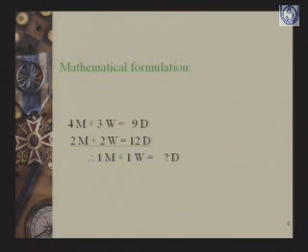Friends, now men have been translated to M, W represents women, D represents day, and plus represents 'and'. So whatever was given earlier: 4 men and 3 women finish a task in 8 days, 2 men and 2 women finish the same task in 12 days.